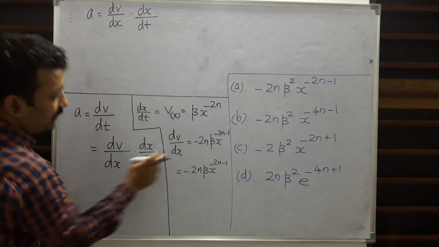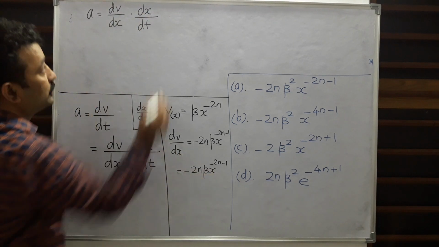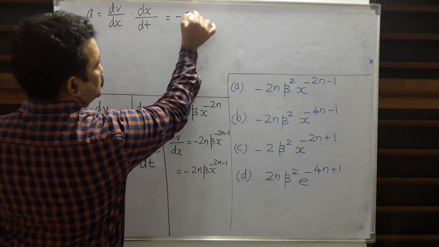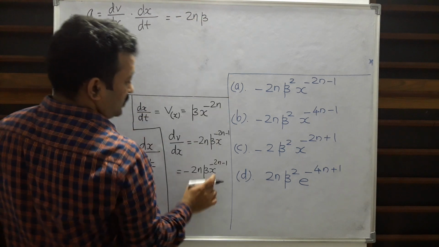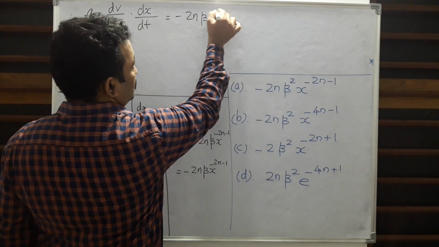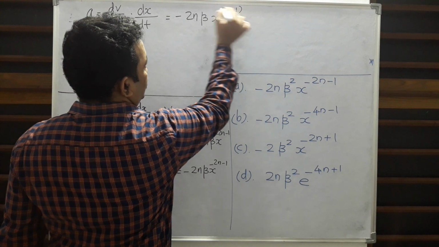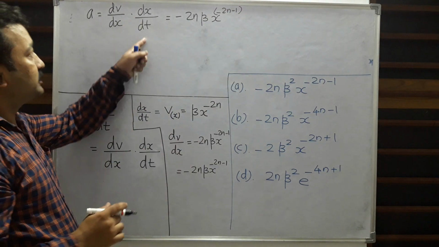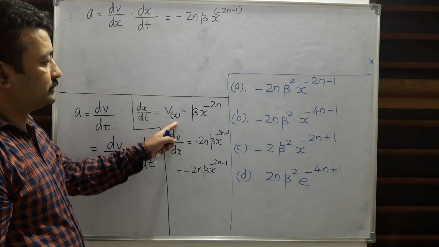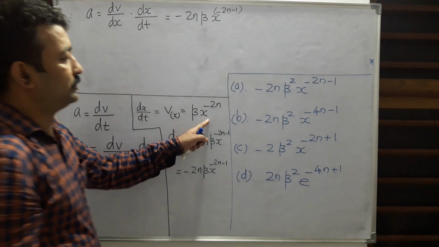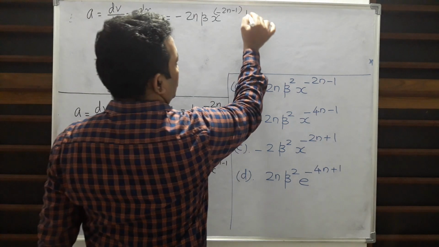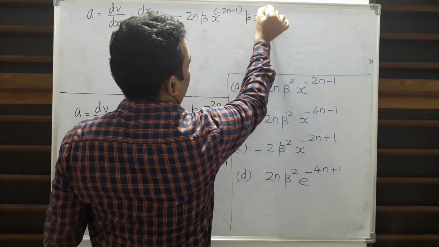What is dv divided by dx? dv by dx is this one. So that is minus 2n beta x to the power minus 2n minus 1. dx by dt. What is dx by dt? That is velocity. That is again beta x to the power minus 2n.